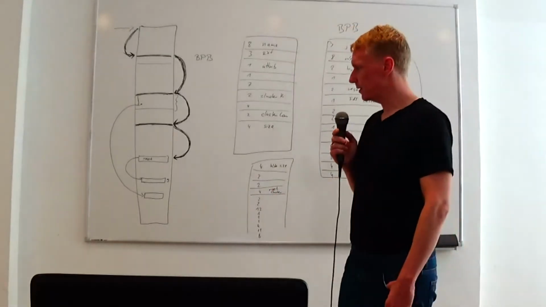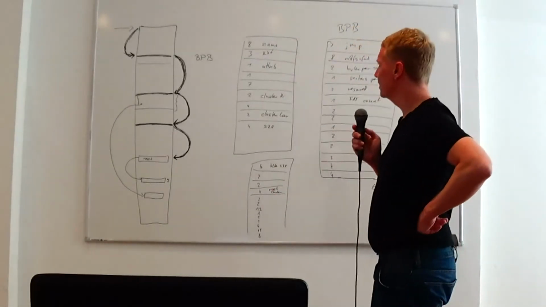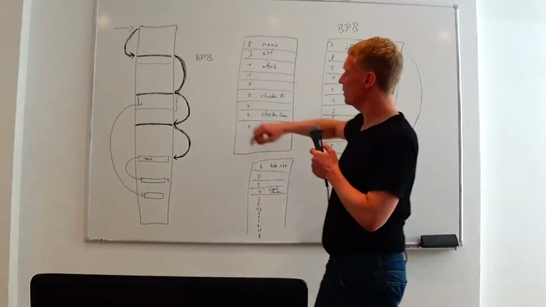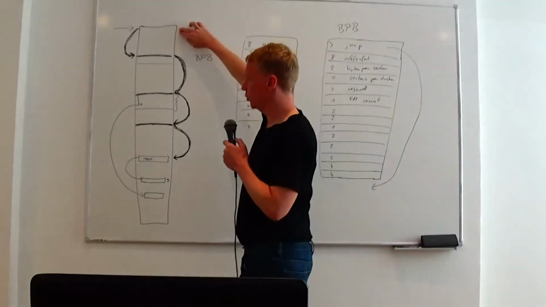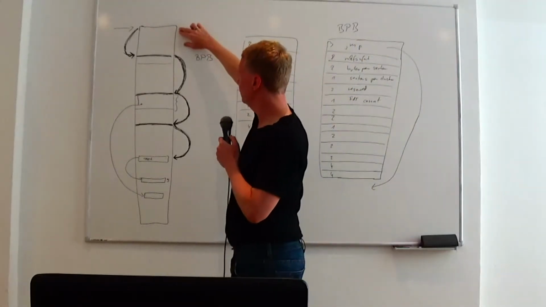Then in part 1 of the Appendix B, we looked at the partition table at the beginning of the hard drive.